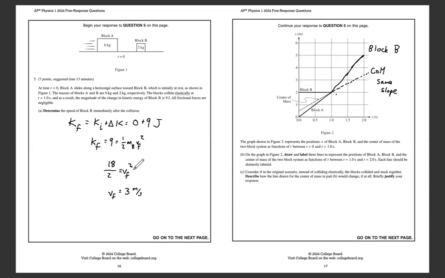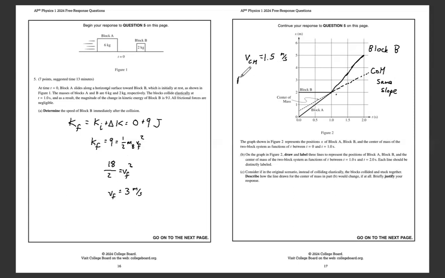Actually, never mind. I'm going to use a little bit better way. So we know the center of mass speed from this graph, which is given by the slope of the center of mass line here.